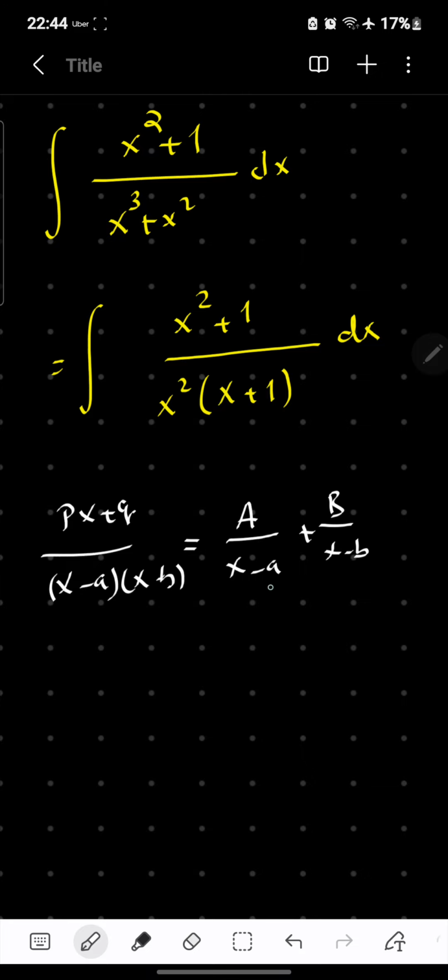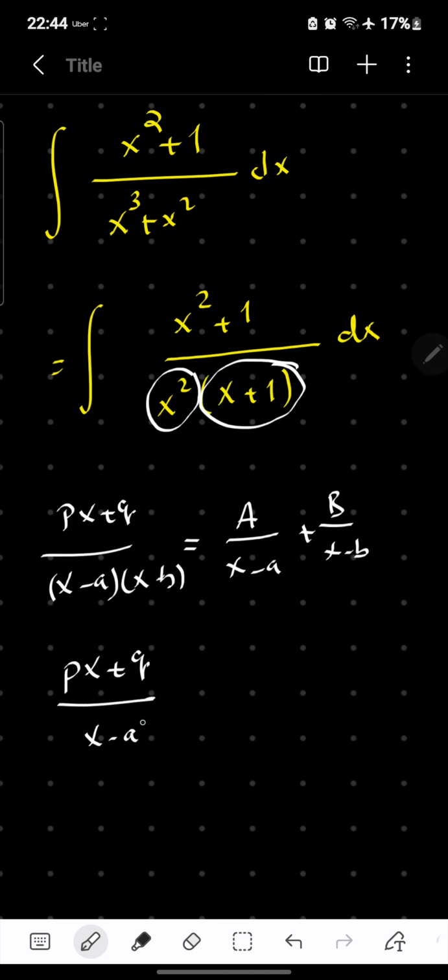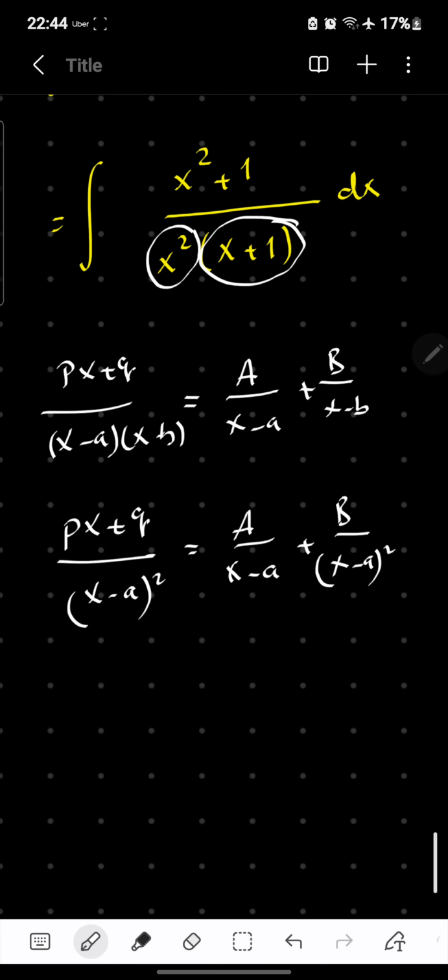This case is already here, with x plus 1. What if we have a repeated term? x is degree 1, but it's repeated: x times x squared. If we have a repeated term, you have a case like the second case, (x minus a) squared, for example a over x minus a plus b over (x minus a) squared. And this we will use in our example.